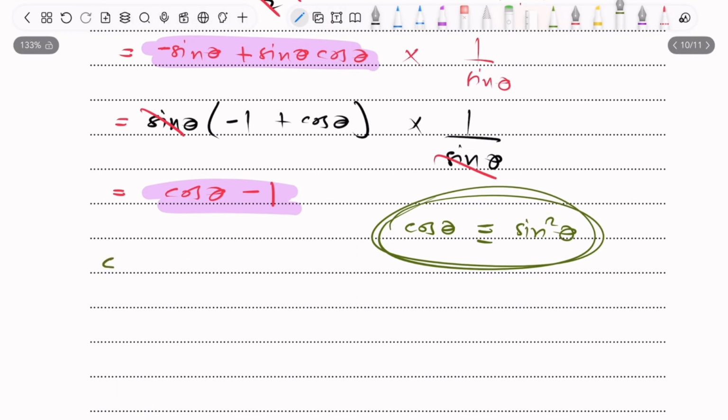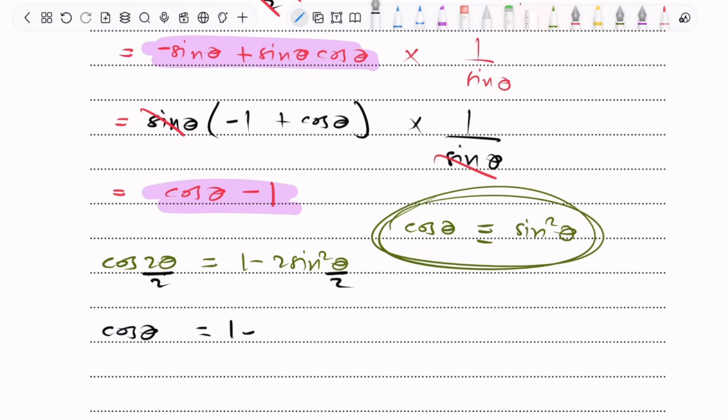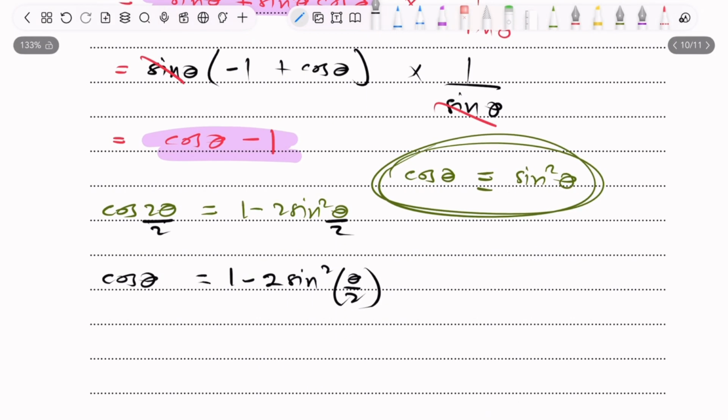Now we know that cos 2θ is 1 minus 2 sine squared θ. What we want is cos θ, not cos 2θ. So we need to modify by dividing each angle by 2. The moment we do that, we get 1 minus 2 sine squared of half θ. Then we take this back here because that's the definition.